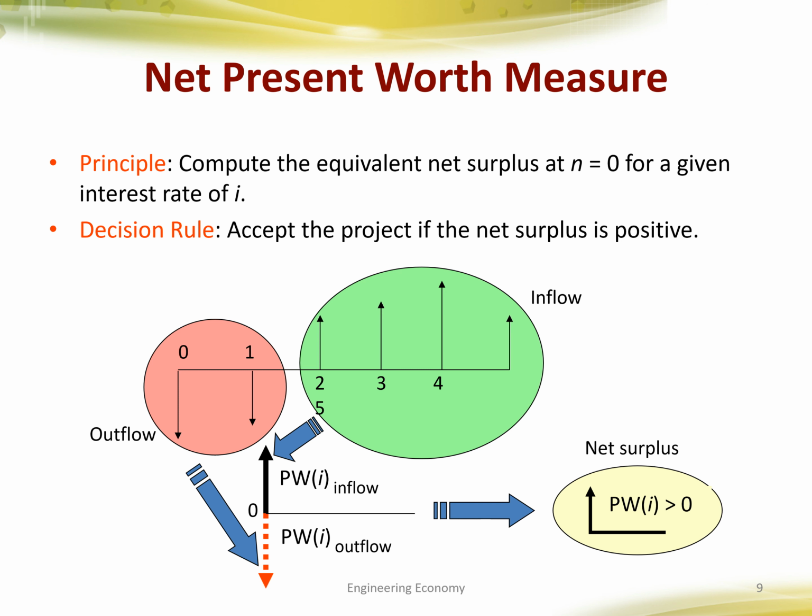Net present worth is to bring all the cash flow, or you can first have net cash flow, and bring the entire net cash flow to the present time, which is n equal to 0.